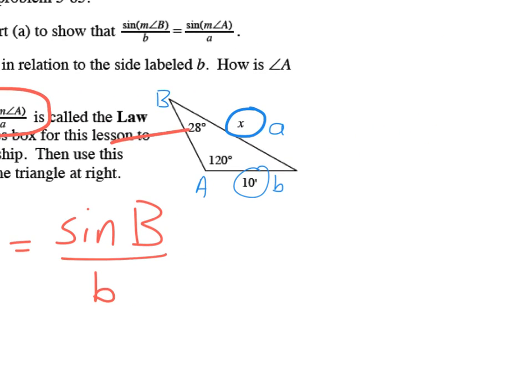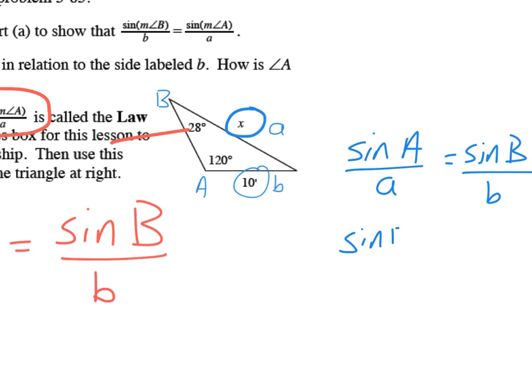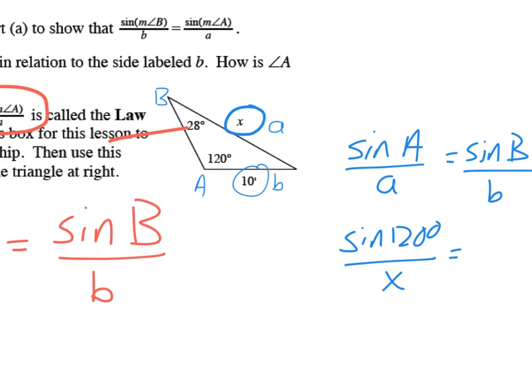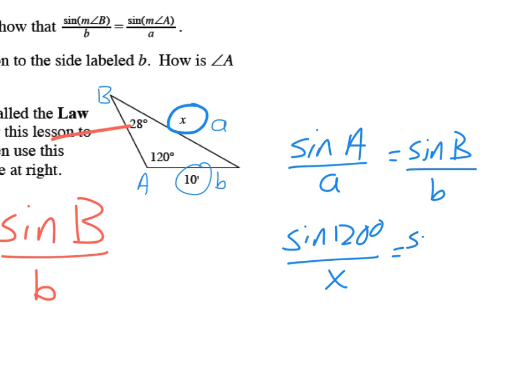And so using the law of sines, which says sine of A over a equals the sine of B over b, I can fill in some of my information that I know and don't know. That's going to give me the sine of 120 degrees, that's angle A, divided by x. I don't know what that is. And that should be equal to the sine of 28 degrees divided by 10.